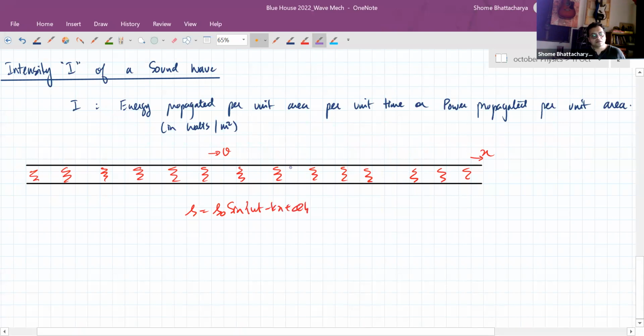If we consider a section of this medium like this of length dx, and the cross sectional area is A.